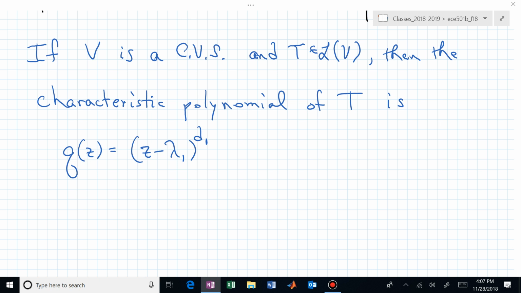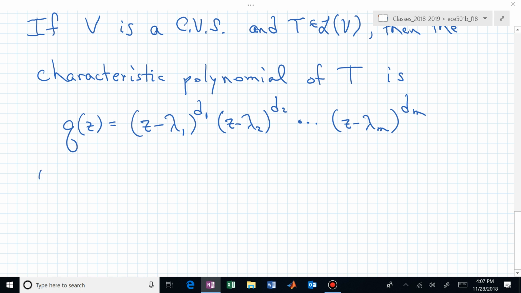Those are basically the dimensions of the null spaces associated with each of these eigenvalues, lambda 1 through lambda sub m: Z minus lambda sub 2, D sub 2, on up to Z minus lambda sub m, D sub m.